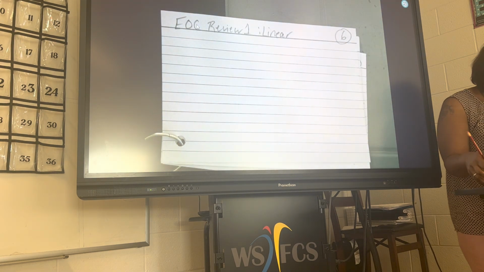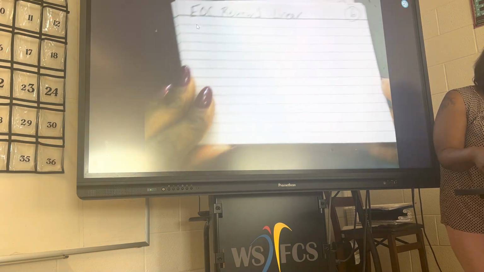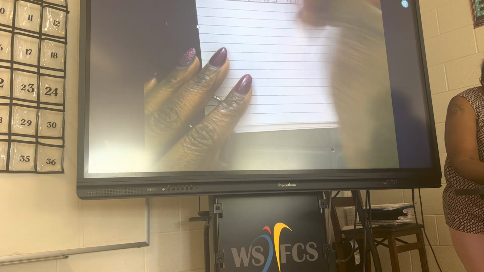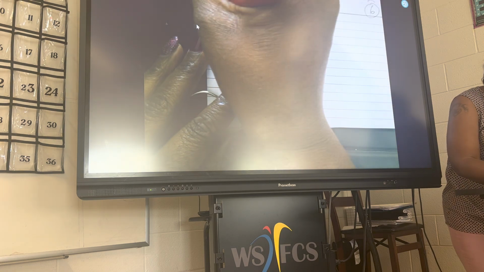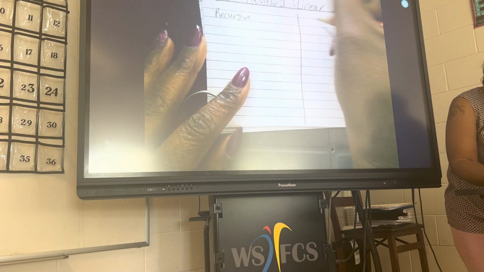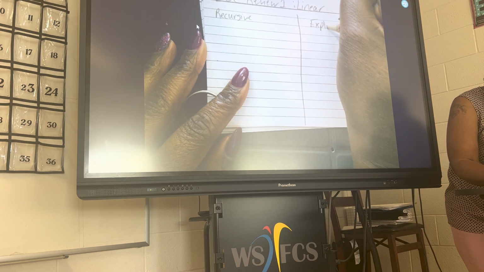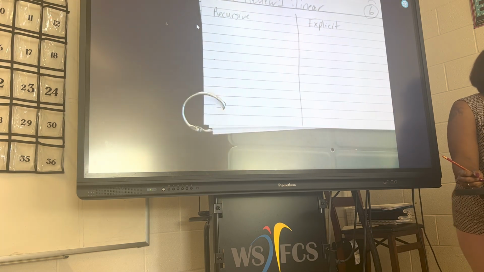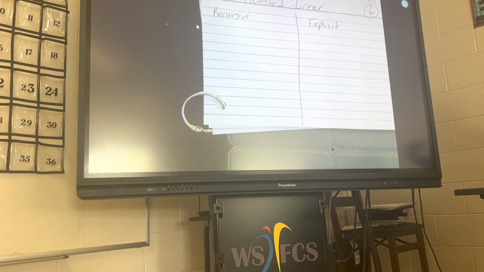Recursive and explicit. Okay? So we got recursive and we got explicit. Recursive formulas are formulas where you use the previous number to get the next number.